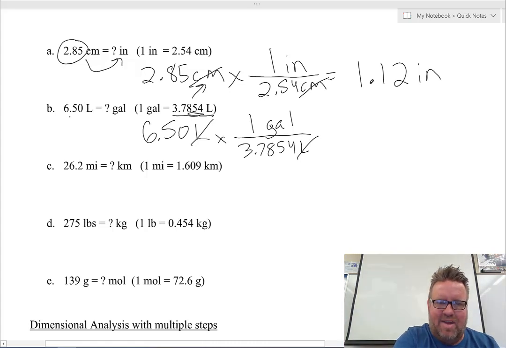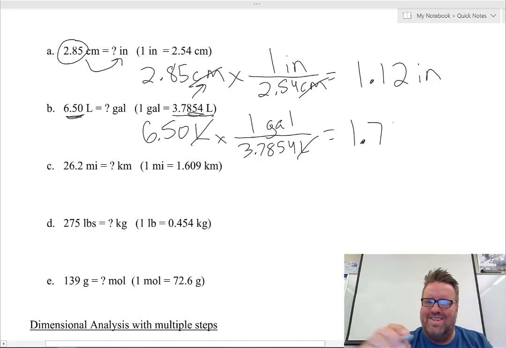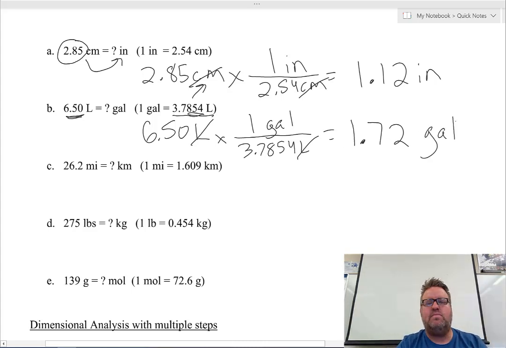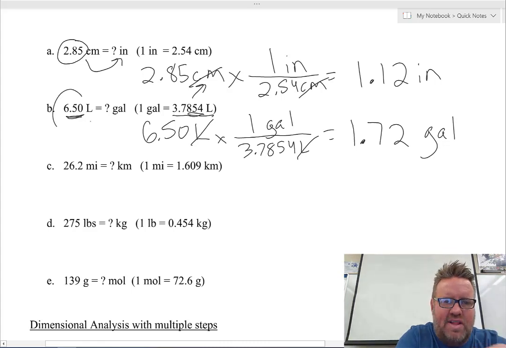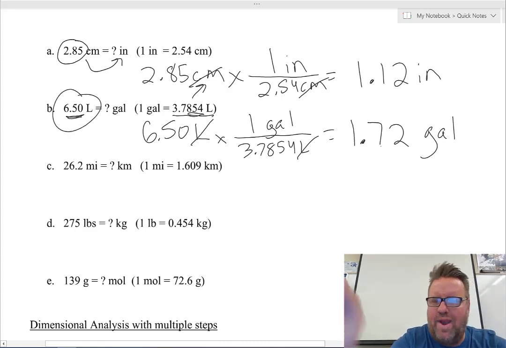I've got 3 significant figures here, so my answer also has 3 significant figures. In the calculator it's 1.717, which means I've got to round that up, so 1.72 gallons. So 6.5 liters is about 1 3/4 gallons.